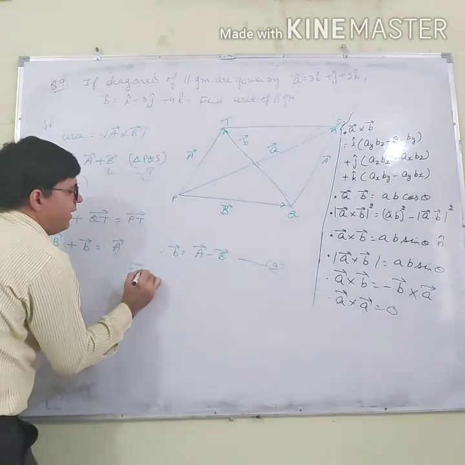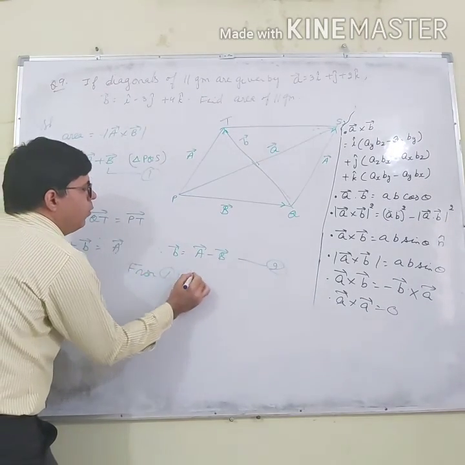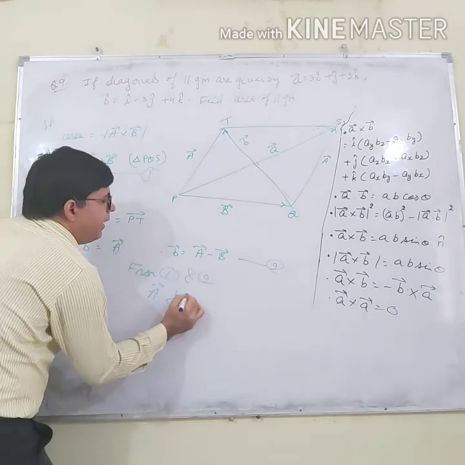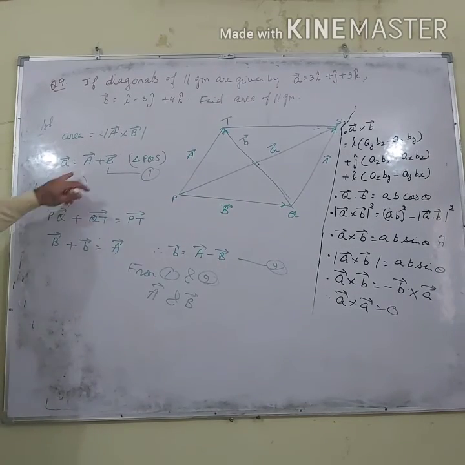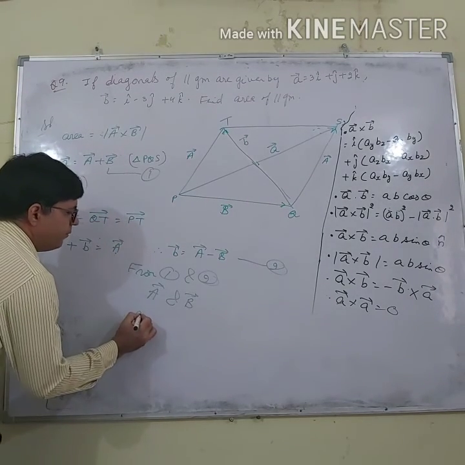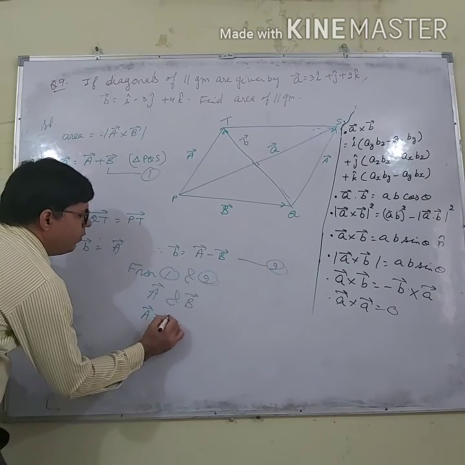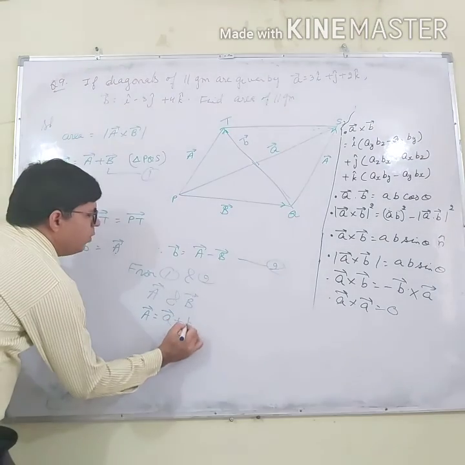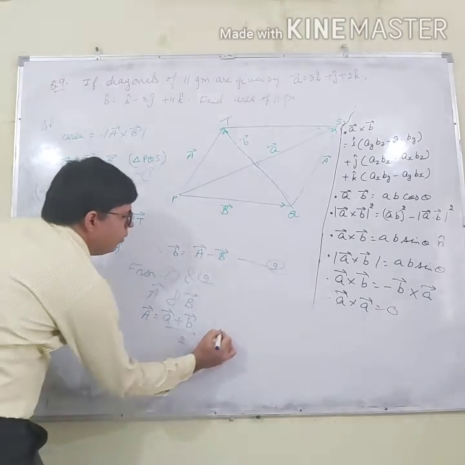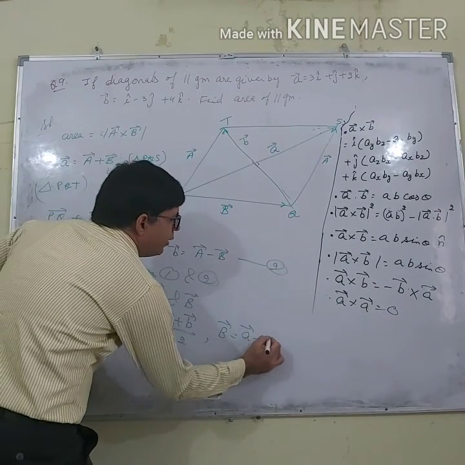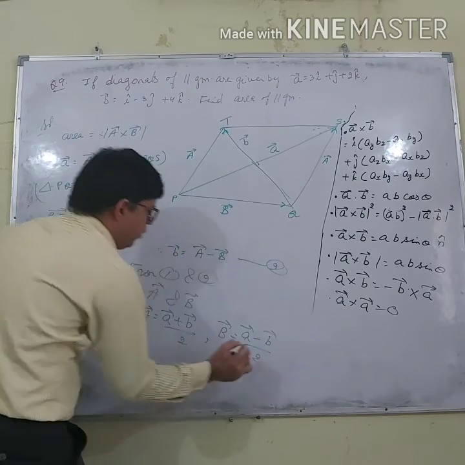I think you can find A and B from 1 and 2. If you add them, vector A will be equal to (a plus b) by 2, and vector B, if you take the difference, is (a minus b) by 2.